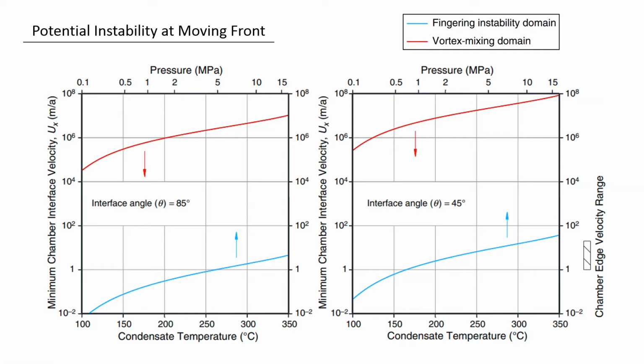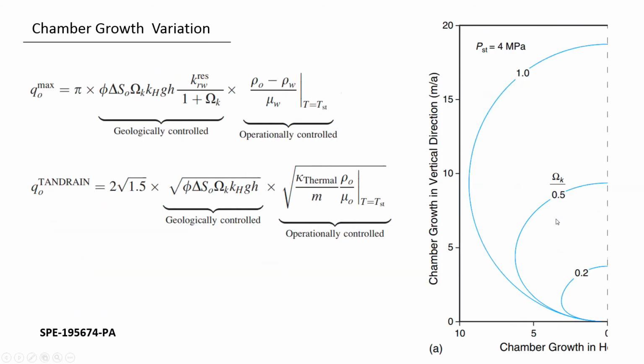But the matter is the fingering. In this paper, it talks about the fingering, and you see that the fingering is a function of the steam interface, and it talks about how this fingering happens at the onset of the fingering.